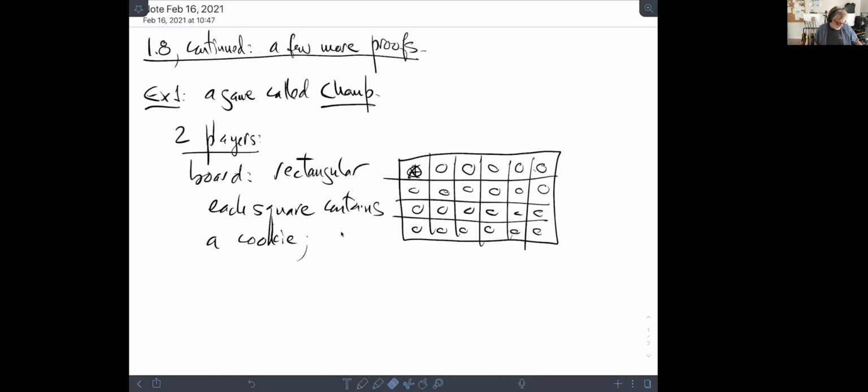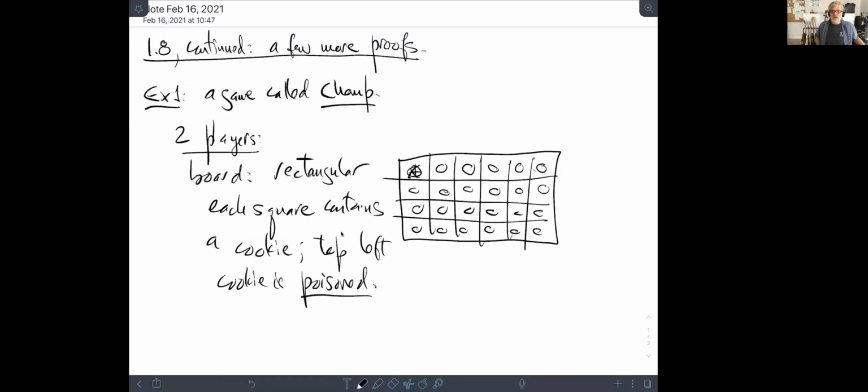Let me try that again. Each square contains a cookie. The top left cookie is poisoned. So you don't want to eat that one, obviously. Now, what's the game?